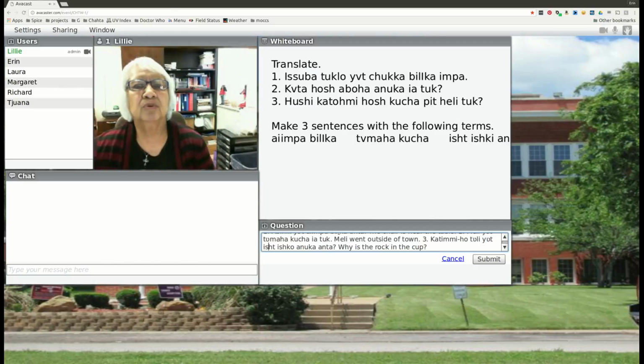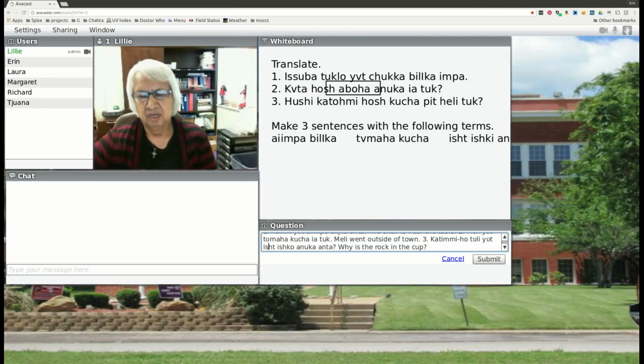Number 2. Katahosh abuha anoka iatok. Katahosh, who? Hosh is going to tell you that kata is the subject of the sentence. Abuha anoka. This is your location, position phrase. Abuha anoka, in the room, into the room, inside the room, however you want to do this.